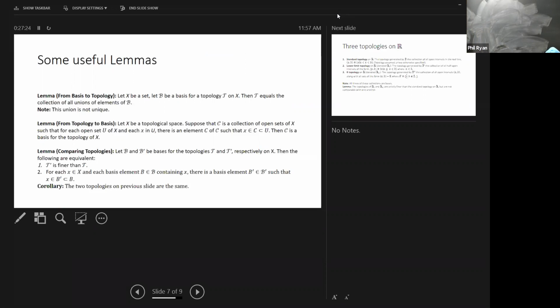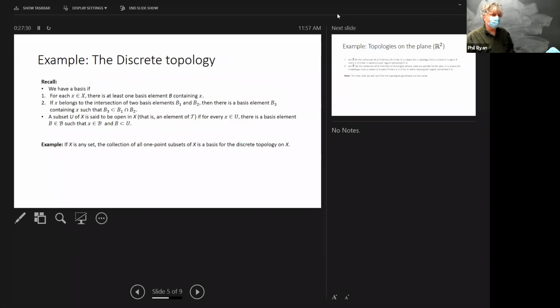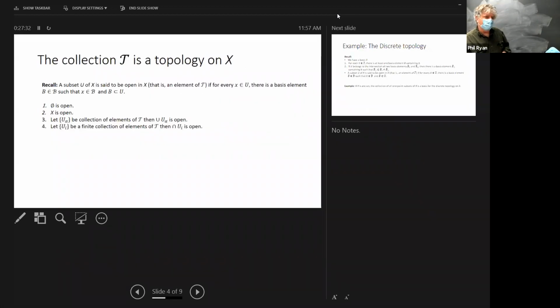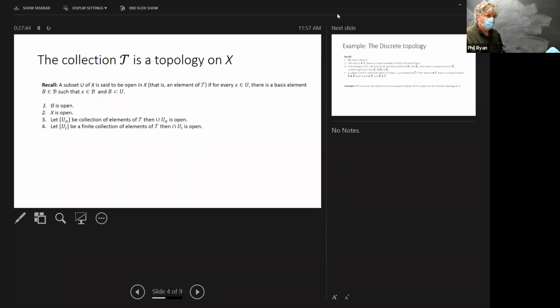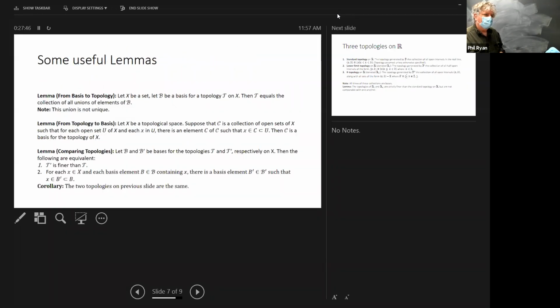Okay, so we've already given one sort of definition of a basis. Where was it? Oh, here. And we proved that this will then give us a topology. Here's a little bit of a simpler one.